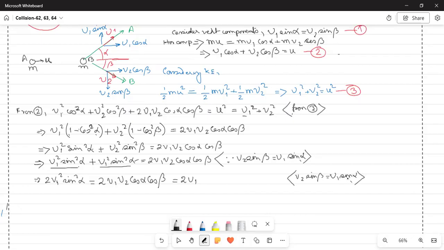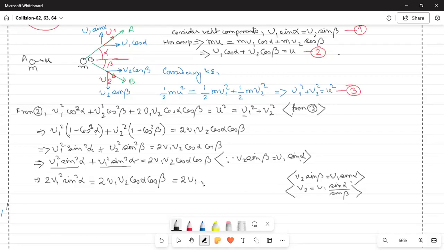This we have already got. Therefore, v2 is equal to v1 sin alpha by sin beta. This relation we put here in place of v2.